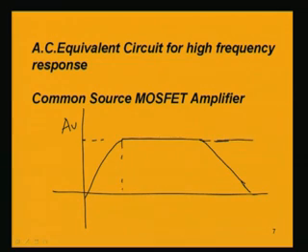This is the mid band region, and when the frequency is very low and very high, the gain drops off. This dropping off is because of the capacitances present in the circuit in the low frequency region, and because of the internal capacitances in the high frequency region.